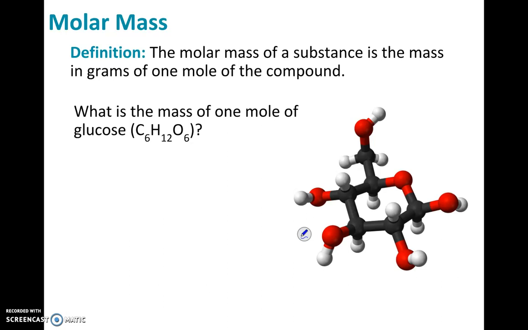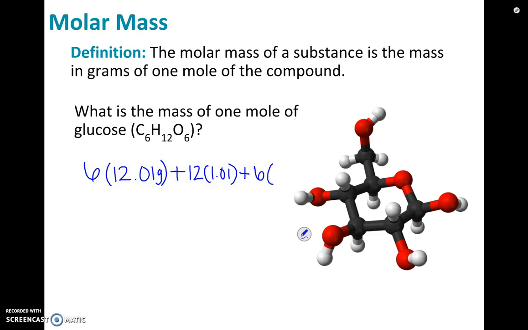So we have 6 carbons with a mass of 12.01 grams per mole each, right? Since it's molar mass, it would be 12.01 grams, plus 12 hydrogens. Their mass is 1.01. Plus 6 oxygens, which is about 16. If you don't want to use all the decimals, that's okay. Your number will be a little bit different, but not noticeably different.